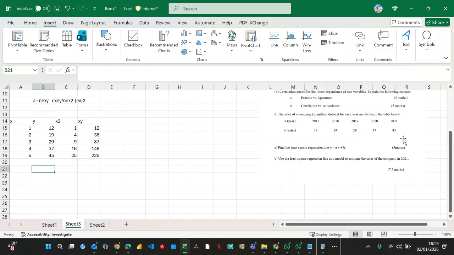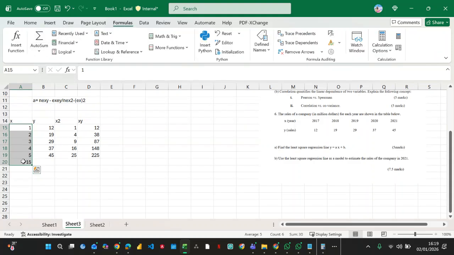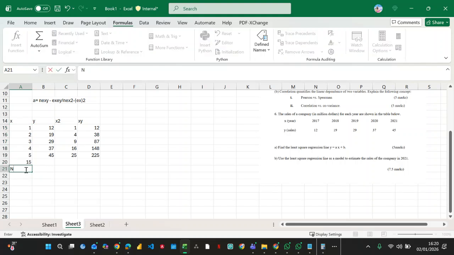And 275 minus 225 should give me 50. So my answer now should be 420 divided by 50, then I will have 8.4. So 8.4 is our A.